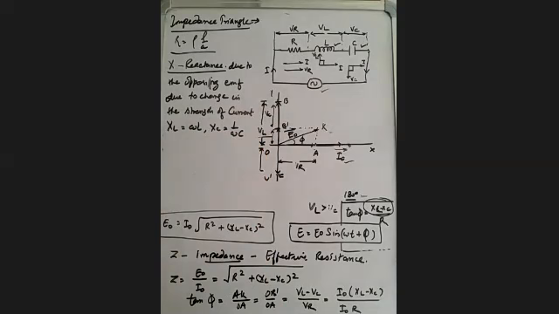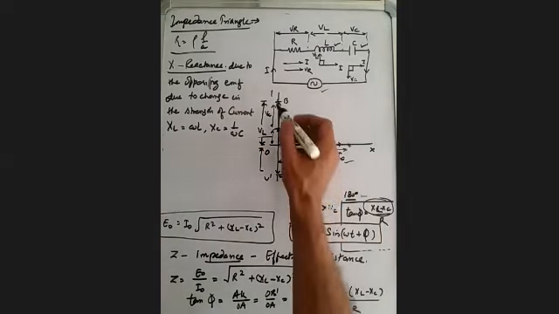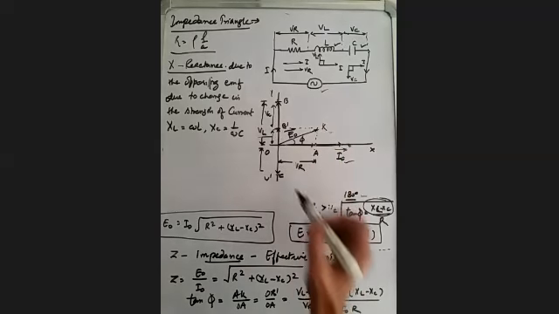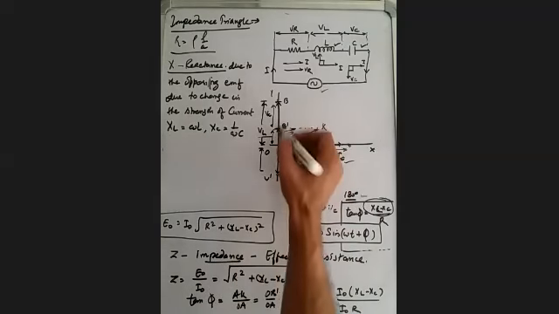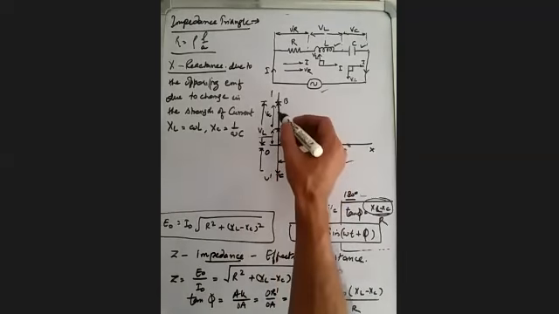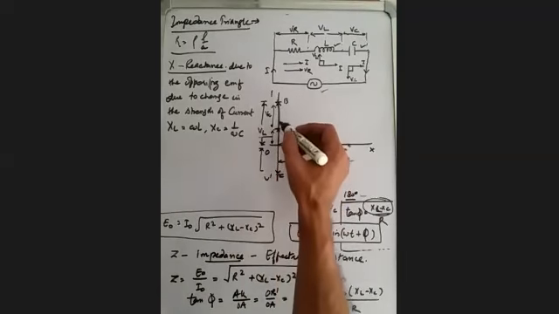Now we know that voltage across the inductor leads and voltage across the capacitor lags. Okay, so we can find out the total reactance from this phasor also.